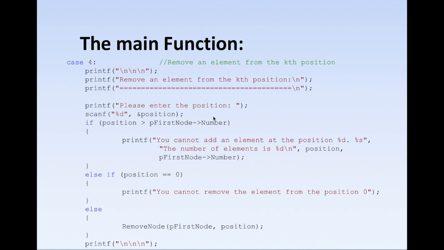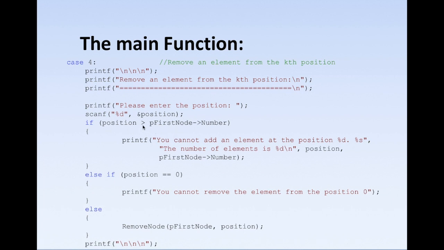Case 4, if we want to remove an element at a position k, we ask the user to input the position k. First, we make sure that this position is not greater than the number of elements in the list, because if it's greater, then it doesn't exist.